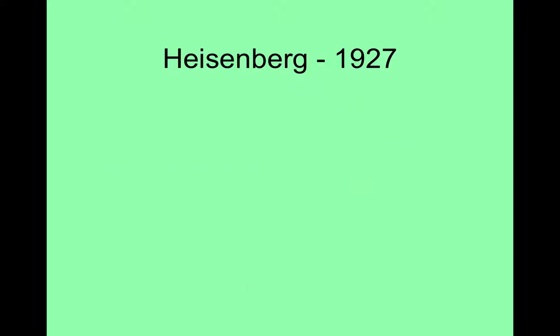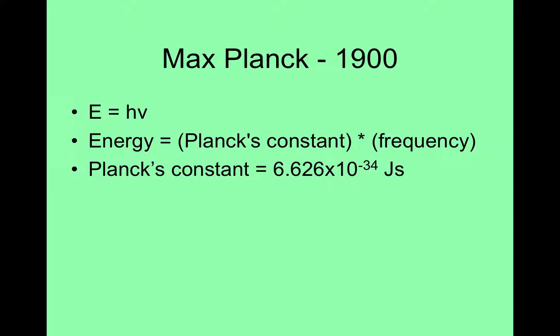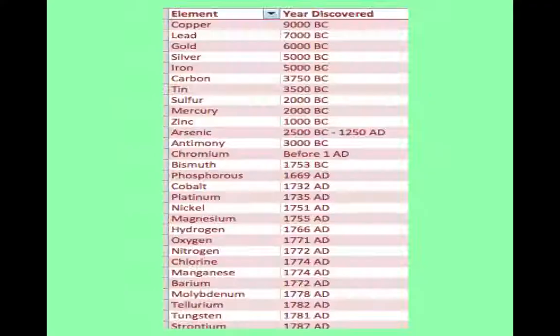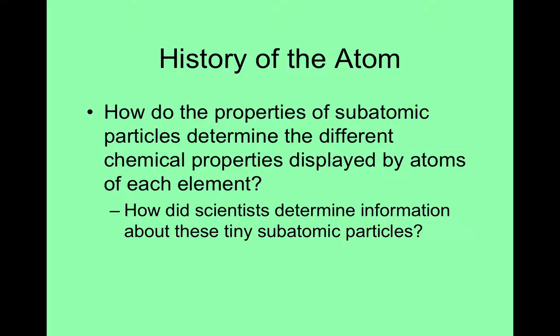So I'm going to go back to our question so we can think about these a little bit more. How do the properties of subatomic particles determine the different chemical properties displayed by atoms of each element? I don't think we can really answer that yet, but we do know some of the properties of subatomic particles.